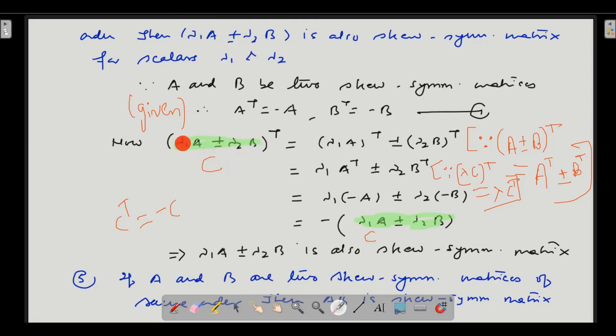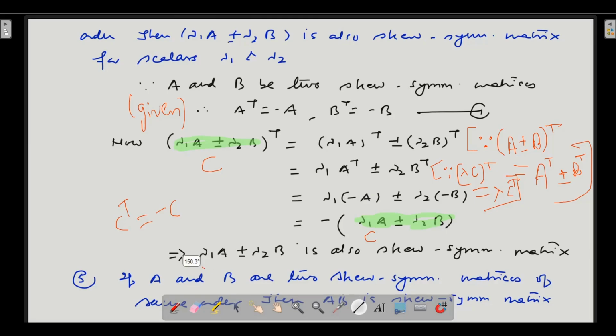So this expression is skew-symmetric because when we took its transpose, it came out to be minus times that matrix. So λ₁A plus minus λ₂B is also a skew-symmetric matrix.